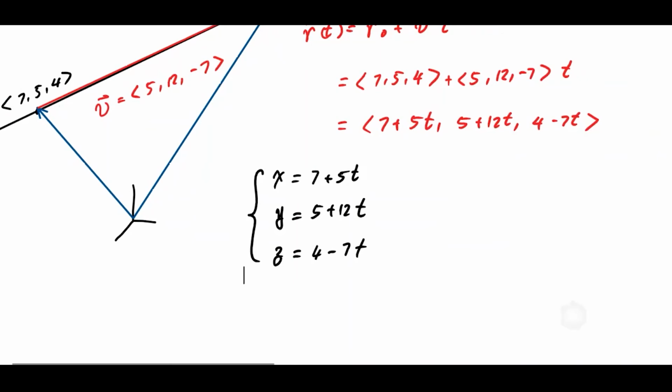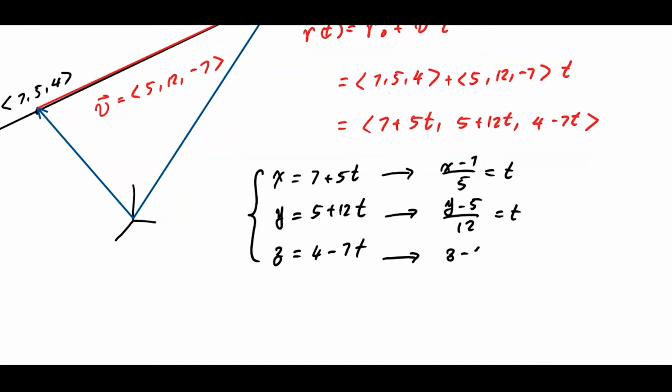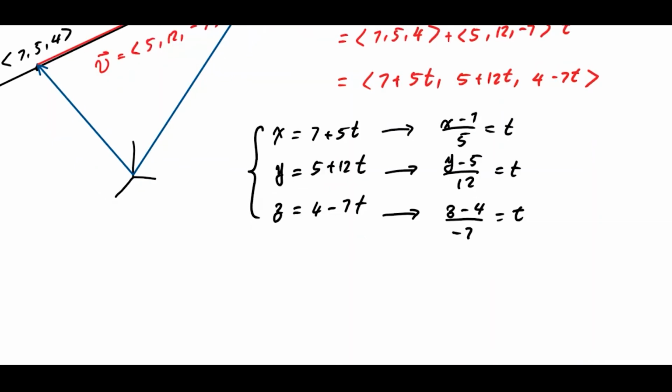So this thing tells you x minus 7 over 5 is equal to t, and this thing tells you y minus 5 over 12 is equal to t, and this thing tells you z minus 4 over negative 7 is equal to t, right? Say yes. So equating those, we have symmetric equation x minus 7 over 5 is equal to y minus 5 over 12 is equal to z minus 4 over negative 7.